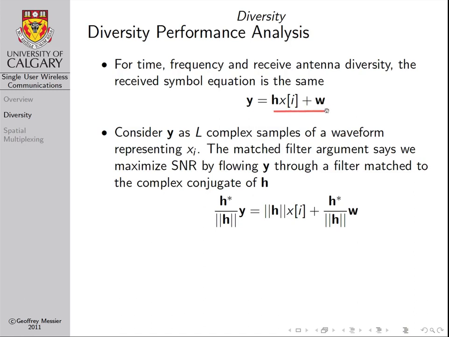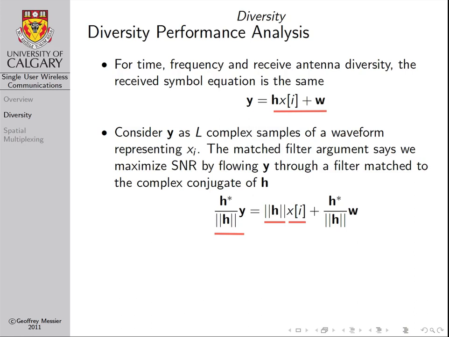equation for Y and we substitute it into the equation down here, what we end up getting is our transmitted symbol X multiplied by the norm of H. And remember, the norm of a vector is a scalar value, right?